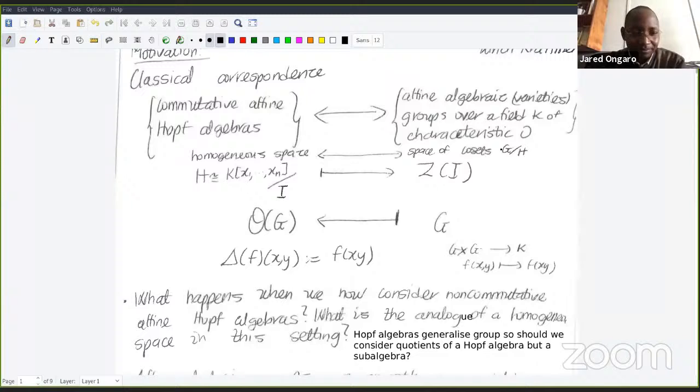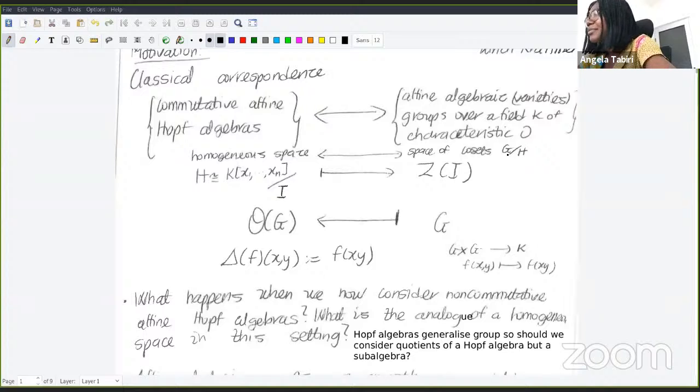Okay, thank you. So, when you think of groups, Hopf algebras are generalized groups. So now if you are looking at non-commutative generalizations of this, you might think that if you want to look at non-commutative analogs of the homogeneous space, then you can think of quotients of a Hopf algebra by some Hopf subalgebra, but that definition tends to be restrictive.